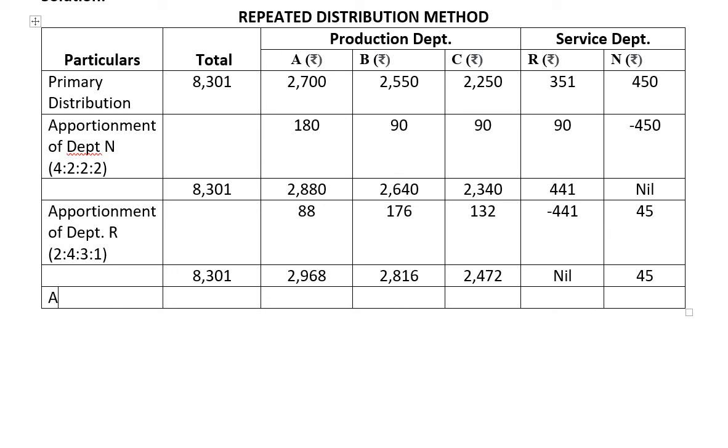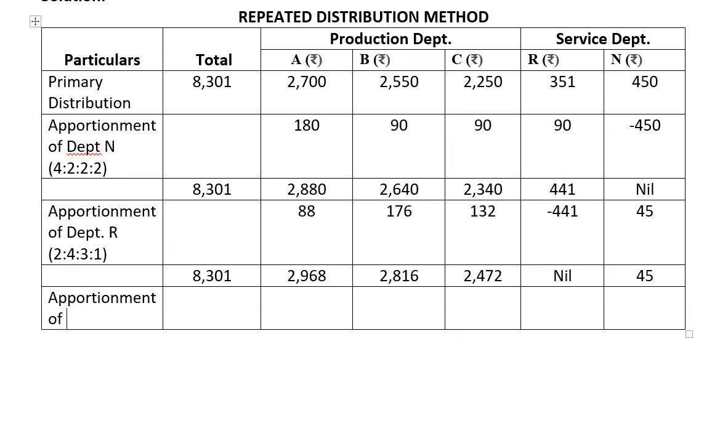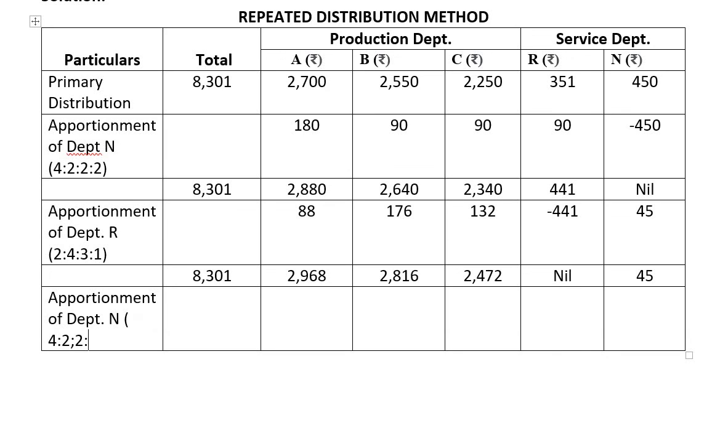So now we can write apportionment of department N in the ratio of 4:2:2:2. Now we are going to subtract 45 from here. Now let's see how much A will get. A will get 18, B will get 9, C will get 9, and R will get 9.